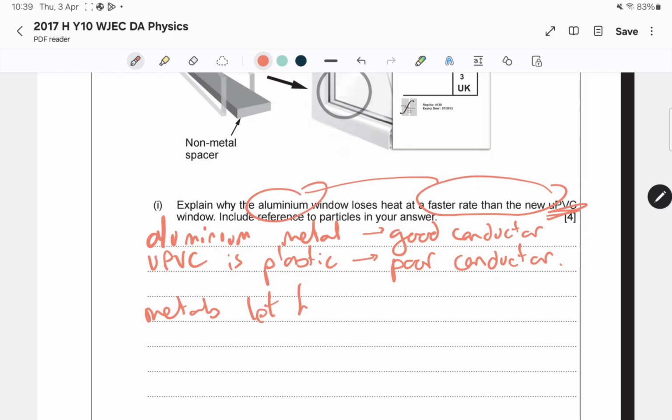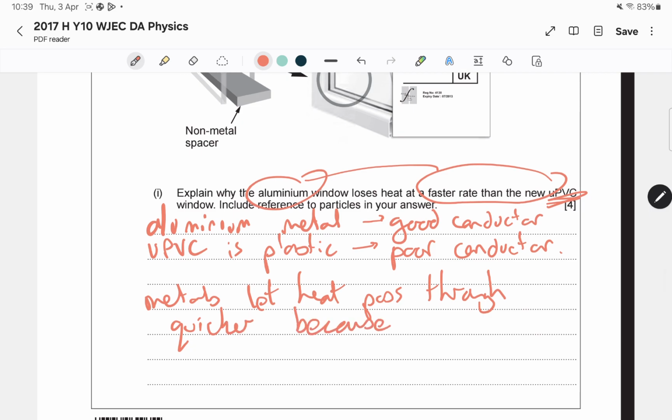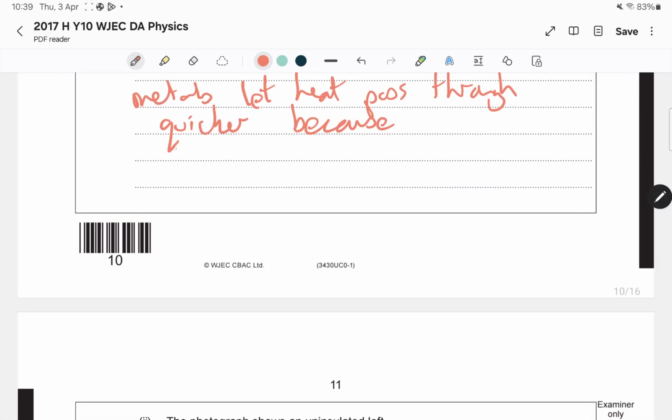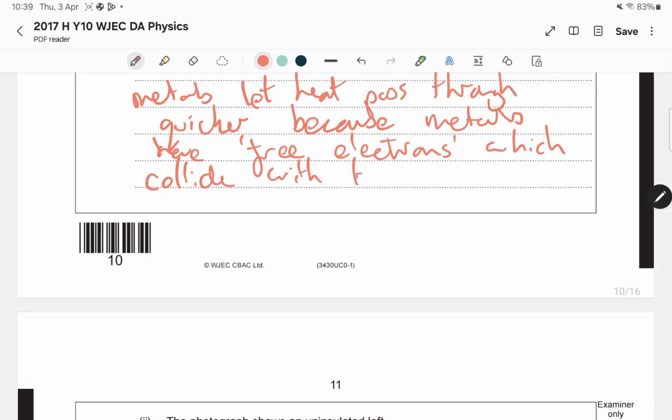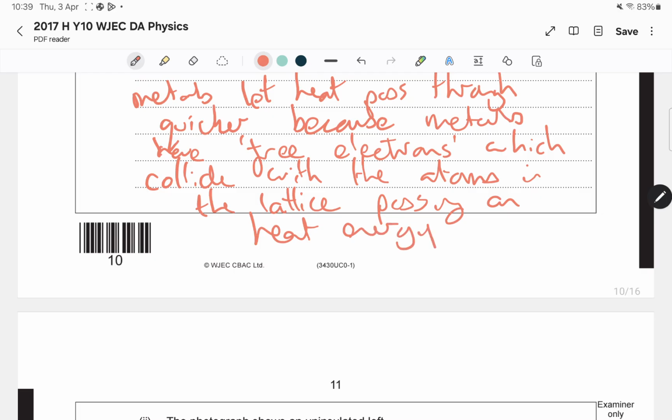Metals let heat pass through quicker. This is what the whole question's about, because metals have free electrons which collide with the atoms in the lattice, passing on heat energy, making them vibrate more vigorously.